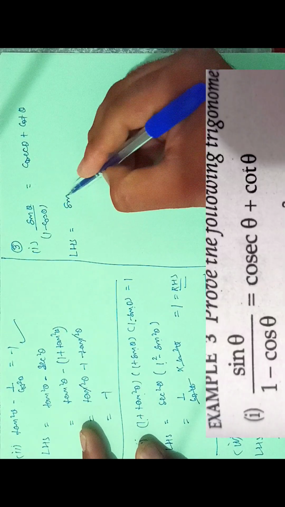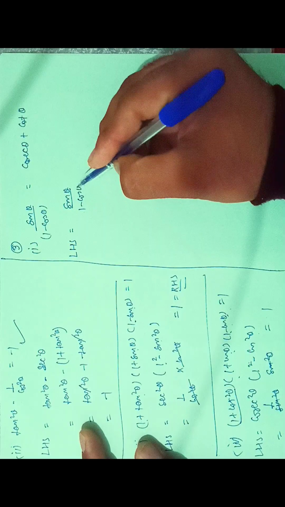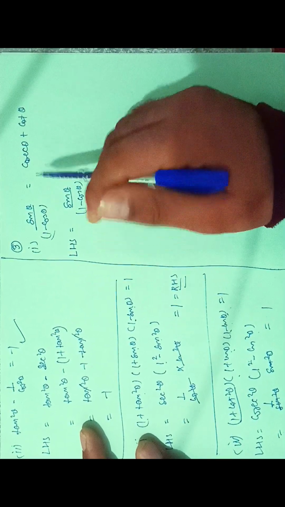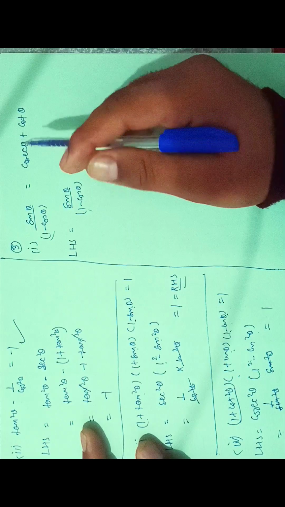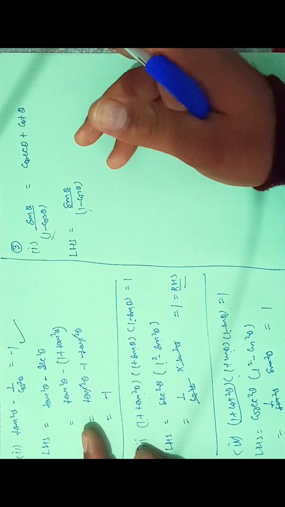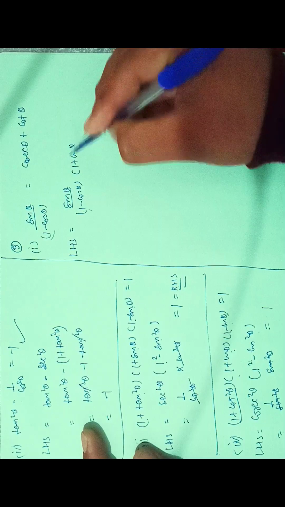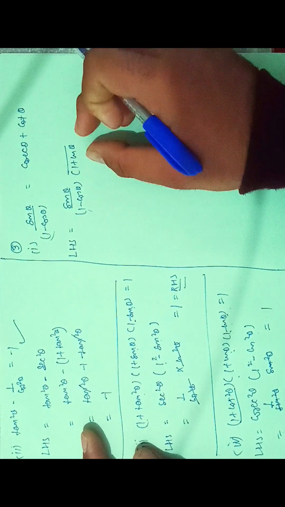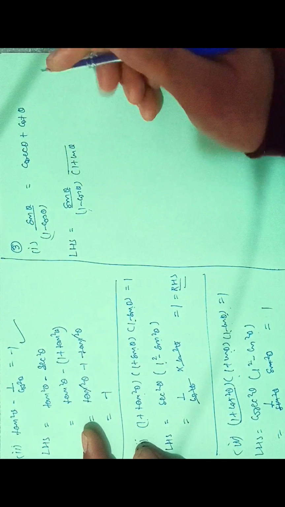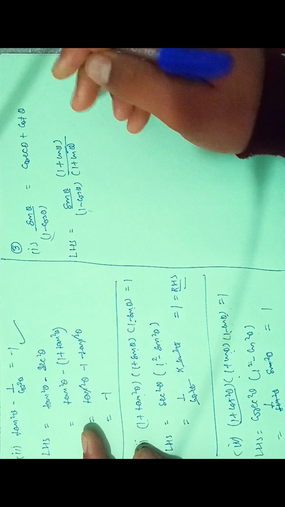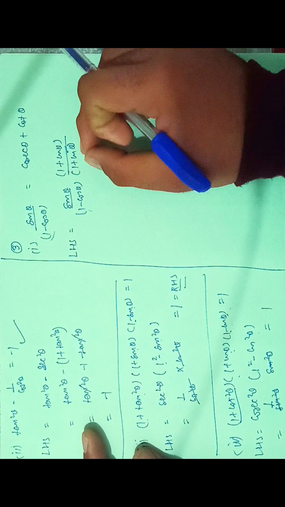On the left hand side we have sin theta upon 1 minus cos theta, so I'll rationalize this denominator, so I'll use the opposite sign. Okay, we have already discussed rationalization in the first chapter, I think. So I'll multiply 1 plus cos theta in both the denominator and numerator. I can multiply with the same number in both denominator and numerator.